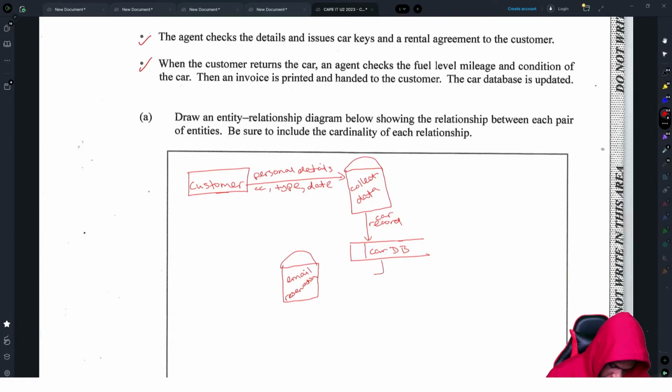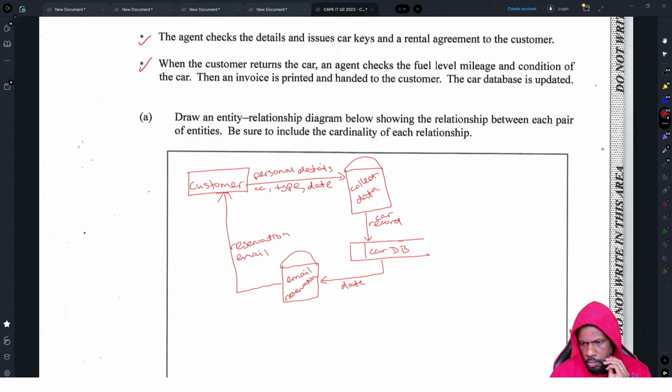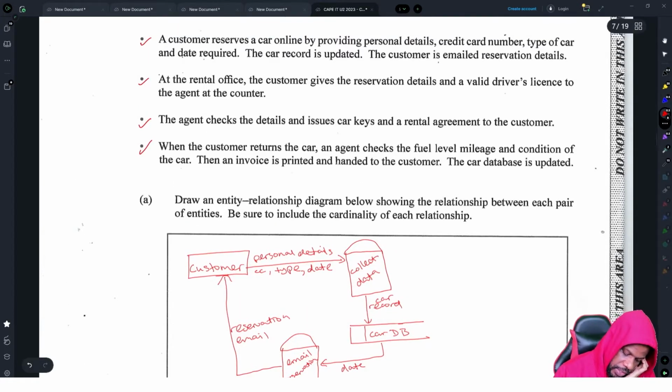We will pull all the information from the database, date, etc., and then we'll send the reservation. I'm not 100% sure if they wanted to create a new process for emailing, but emailing reservation is definitely a new process, and the collect data process can't email. That's just to collect data.